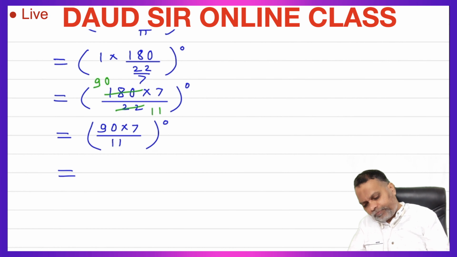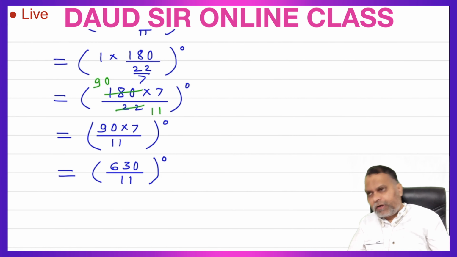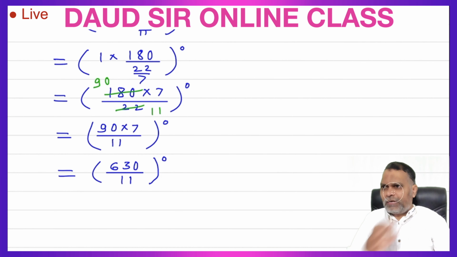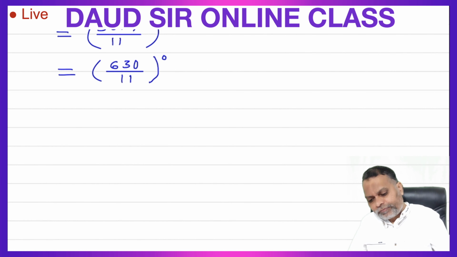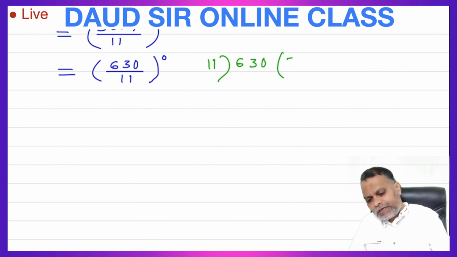Which is equal to 9 7s are 63, 630 upon 11 degree. Now we have to convert this degree into complete degree, minute and second. So divide 630 by 11. 630 divided by 11. 11 5s are 55. 63 minus 55 is 8.